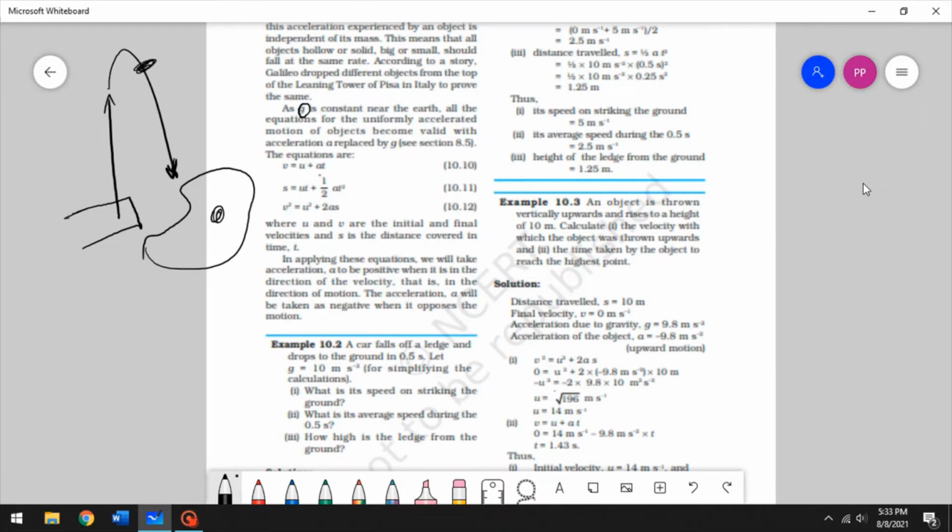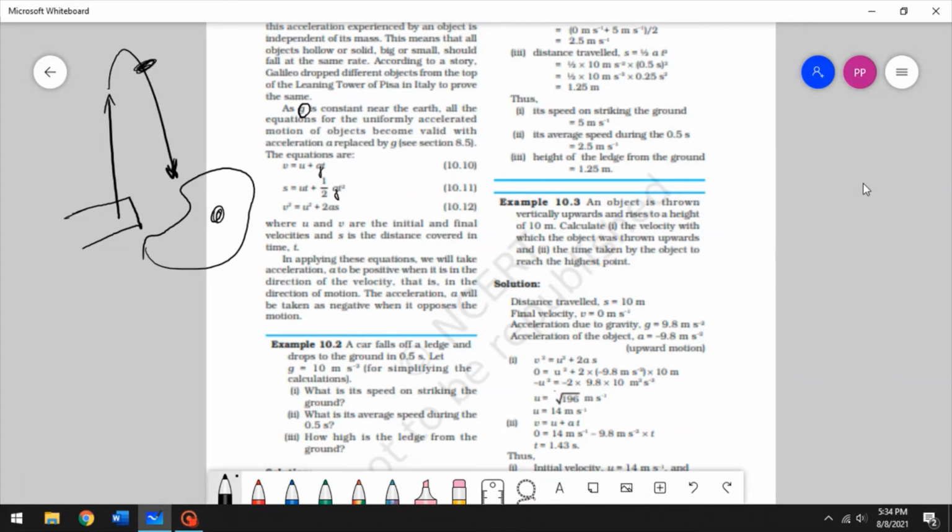All the equations for the uniformly accelerated motions become valid by replacing a by g. So we learned the equations of motion in chapter 8: v is equal to u plus at, s is equal to ut plus half at squared, v squared is equal to u squared plus 2as. So we just replace all the a's with g's.